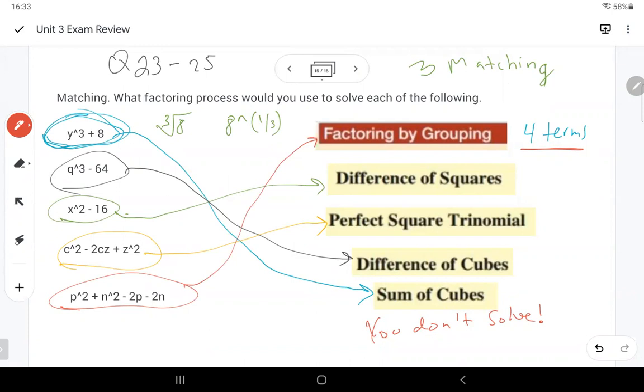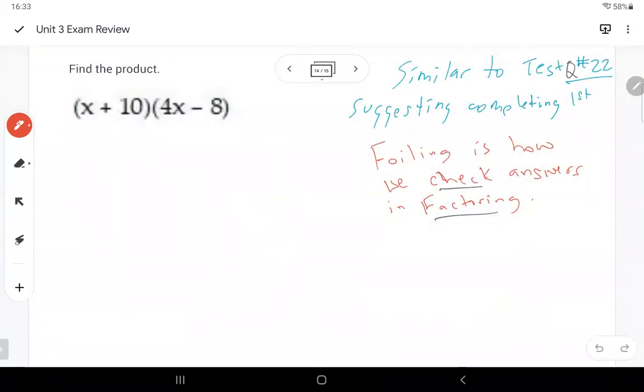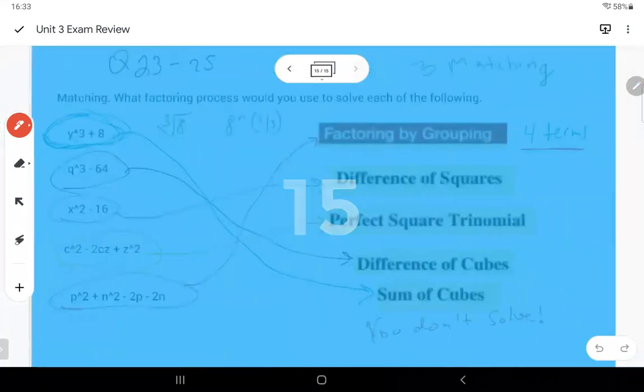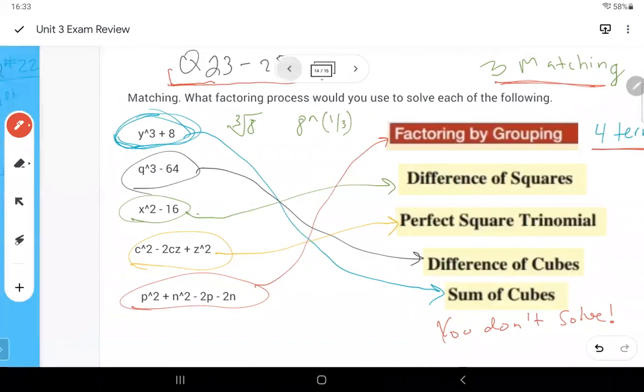I would recommend doing either this one first or this one, either one. These, just so you know, are very similar to questions 23 through 25. And again, you're only going to have 3 matching. You won't use any term more than once. It will be one type to one kind, and that's it.